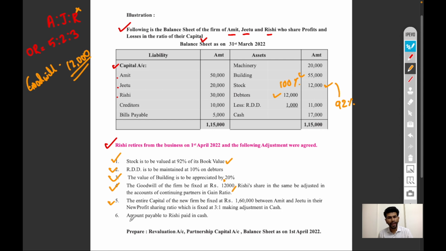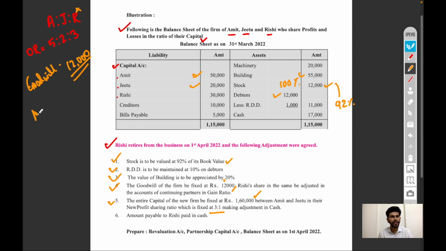Next, the entire capital of the new firm is to be fixed at 1,60,000 rupees between Amit and Jitu. So after retirement, the remaining partners, that is Amit and Jitu, will bring capital in the ratio of their new profit sharing ratio, which is fixed at 3 is to 1.